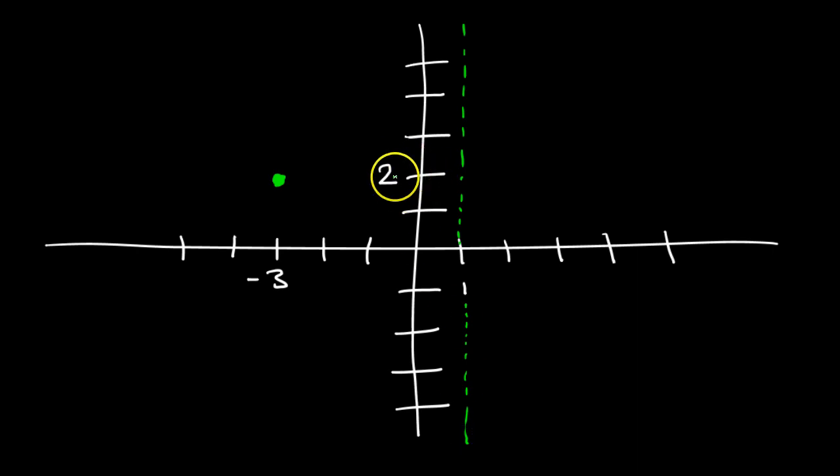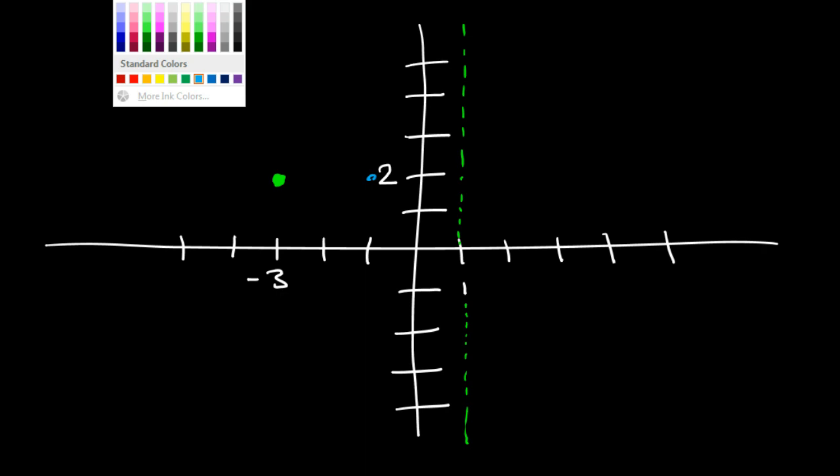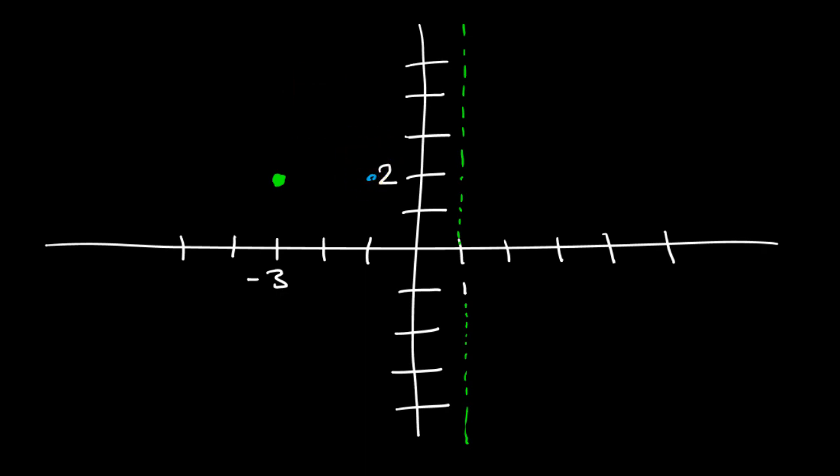So we know that the vertex should be halfway between the focus and the directrix. So these are 4 apart. So if I go 2 away from either one of these, I should be dead center. Okay, actually, so my vertex should be right here.